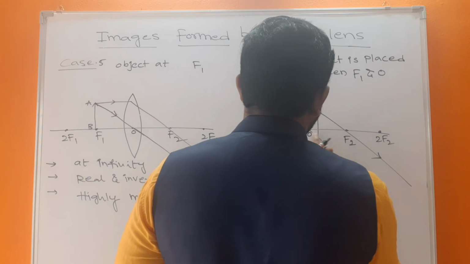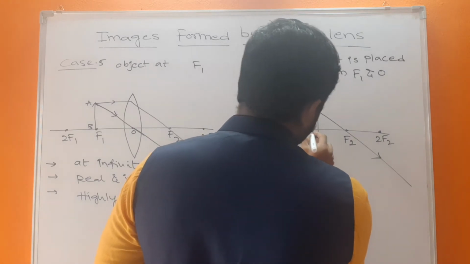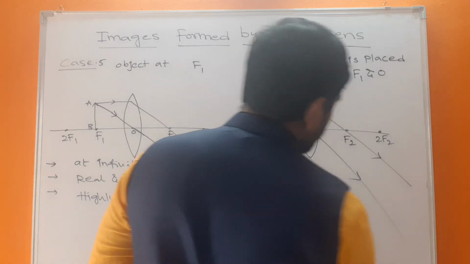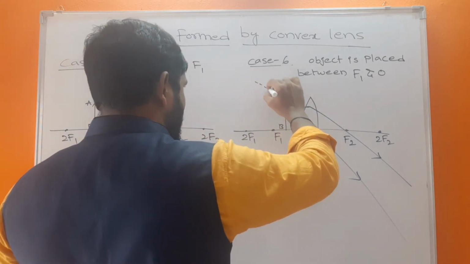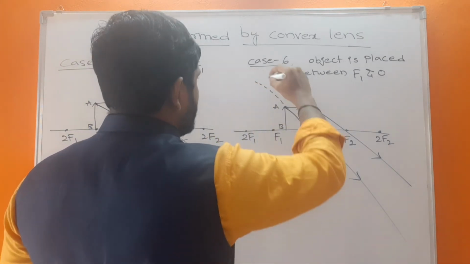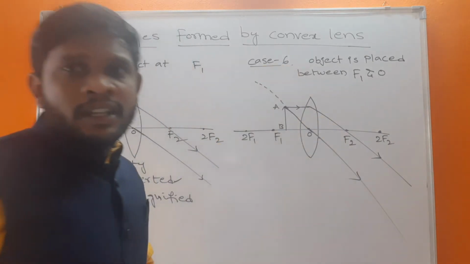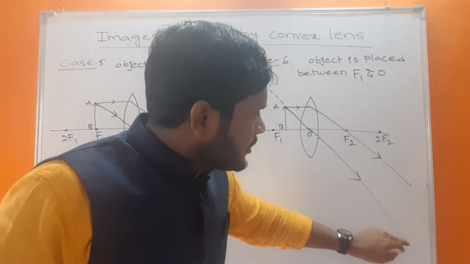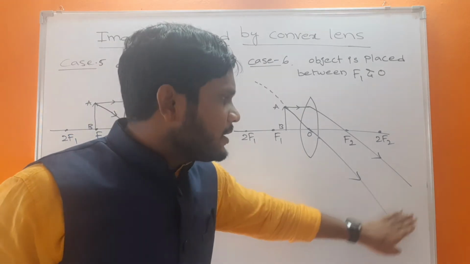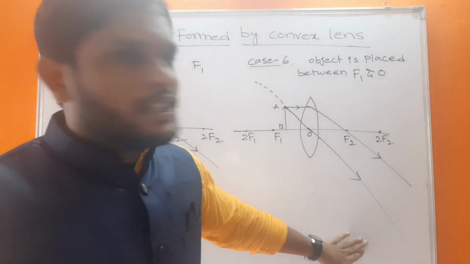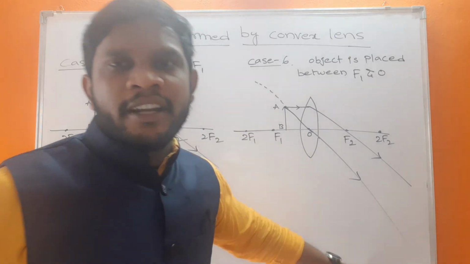So when the ray passes through the optic center, it goes in a straight line without any deviation. See students, here we can see that there is no chance for the refracted rays to meet. So the rays are not going to converge at any point.